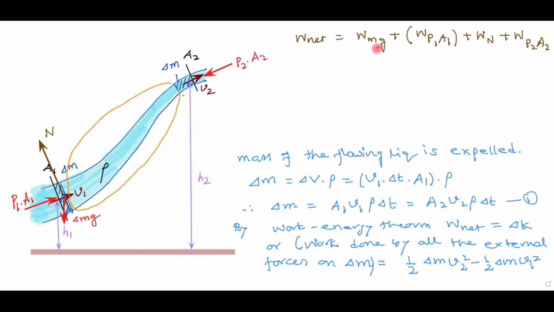Please note that all these are external forces. Why are all these external forces? Because our system comprises the liquid in this portion, and therefore the liquid outside, on the right hand side or on the left hand side, exerts forces which are external.